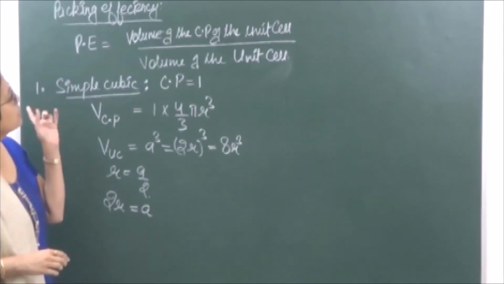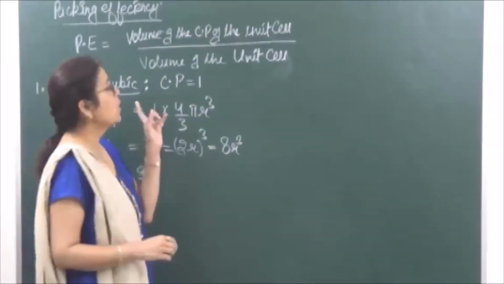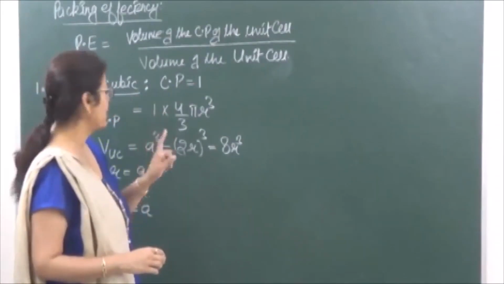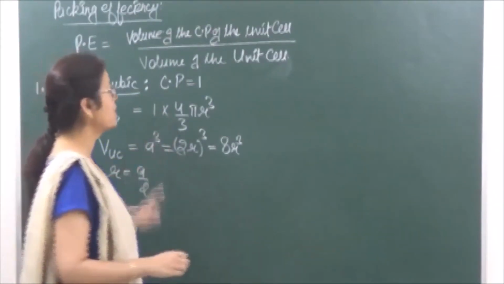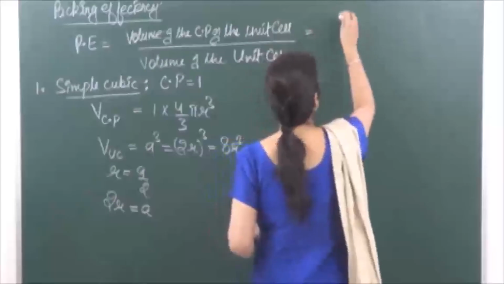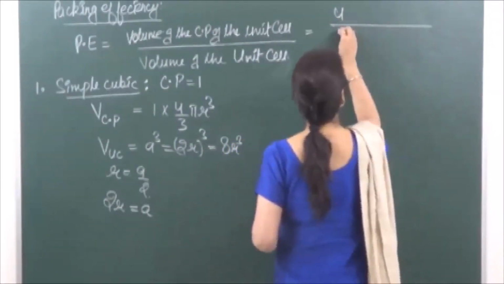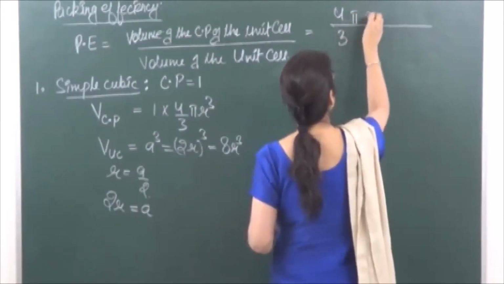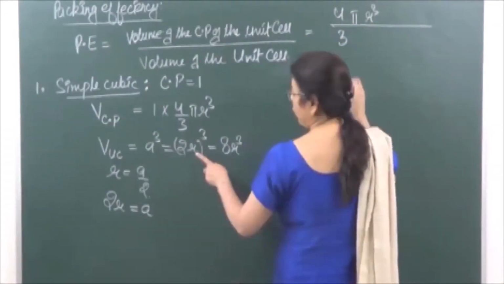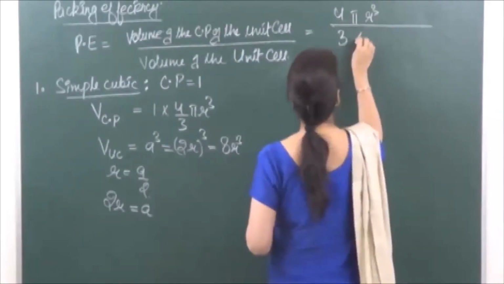We have packing efficiency, volume of the constituent particles over the unit cell. How much is the volume of the constituent particles? 4/3 pi r cube, and the volume of the unit cell is 8r cube.